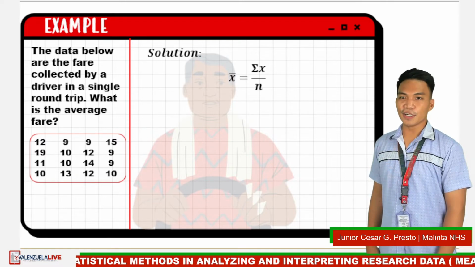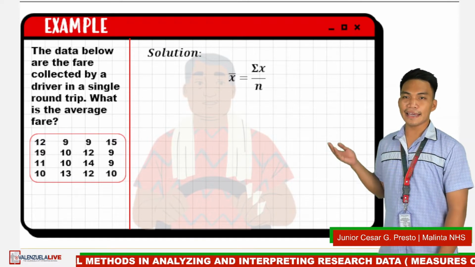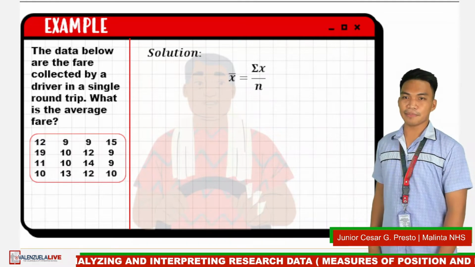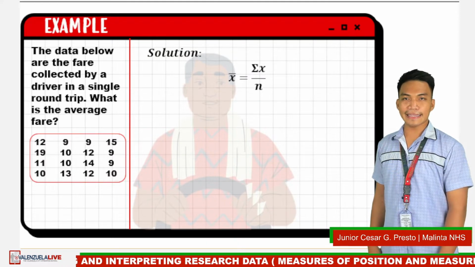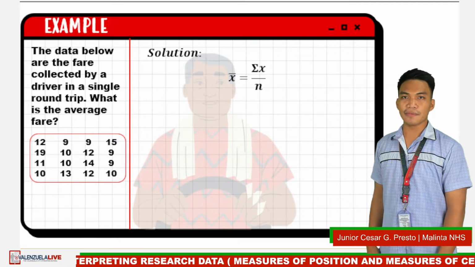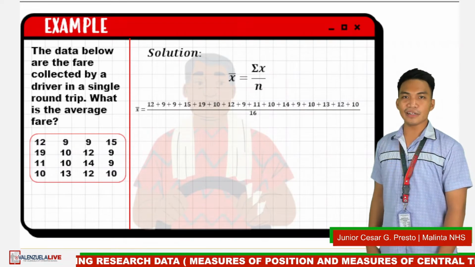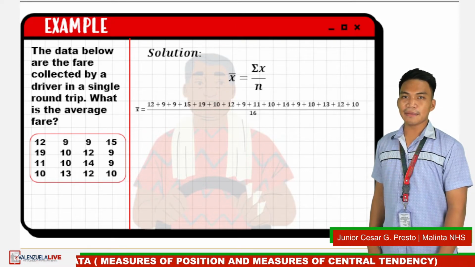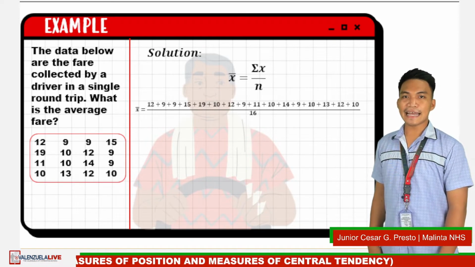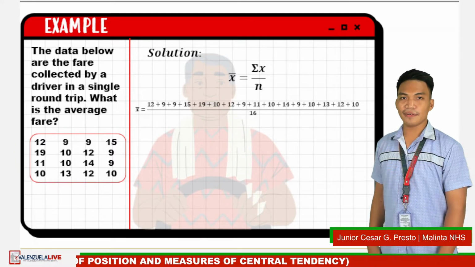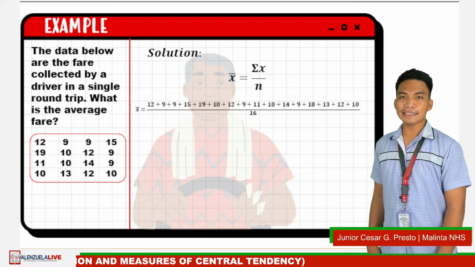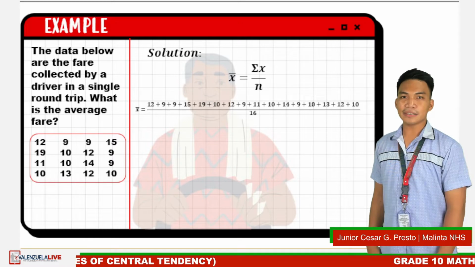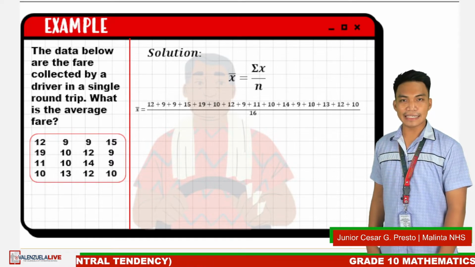Perfect. To solve, we will use the formula x bar equals the summation of x divided by n, where x represents each observation and n represents the total number of observations. Substituting all the given data, we will have 12 plus 9 plus 9 plus 15 plus 19 plus 10 plus 12 plus 9 plus 11 plus 10 plus 14 plus 9 plus 10 plus 13 plus 12 plus 10 divided by 16.